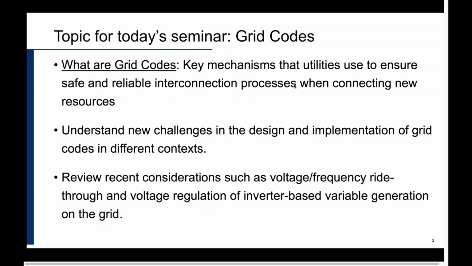Grid codes are key mechanisms that state entities, utilities, and nations use to ensure safe and reliable interconnection processes when connecting new resources, maybe PV, solar, wind, storage, anything that shows up. Recent developments in inverter-interfaced energy technologies pose new challenges to the design and implementation of grid codes.